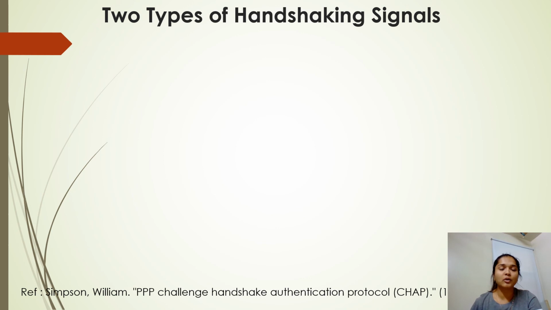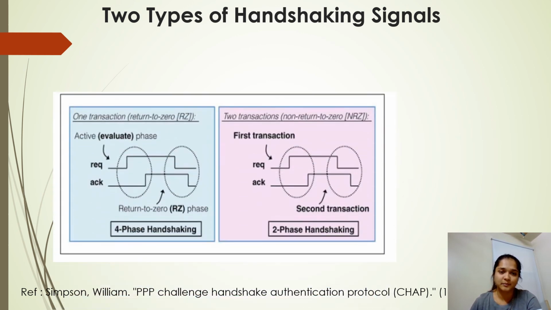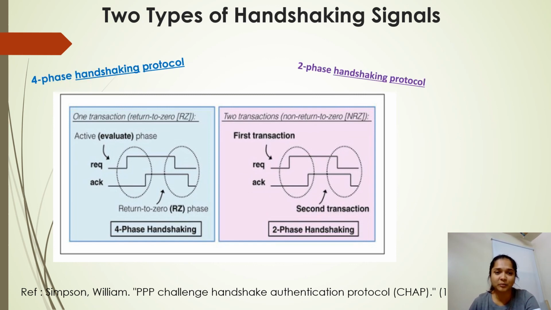Now let's have a look at two types of handshaking signals. The two types are four-phase handshaking protocol and two-phase handshaking protocol. In four-phase handshaking protocol, the request is asserted by the sender component, and the receiver responds by asserting the acknowledge, then both signals are deasserted in turn.